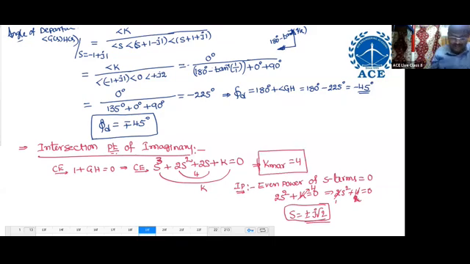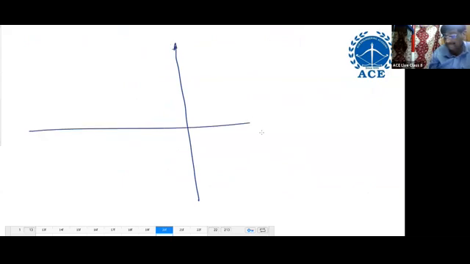Now draw the root locus diagram. One pole at origin, one pole at minus 1 plus or minus j1.